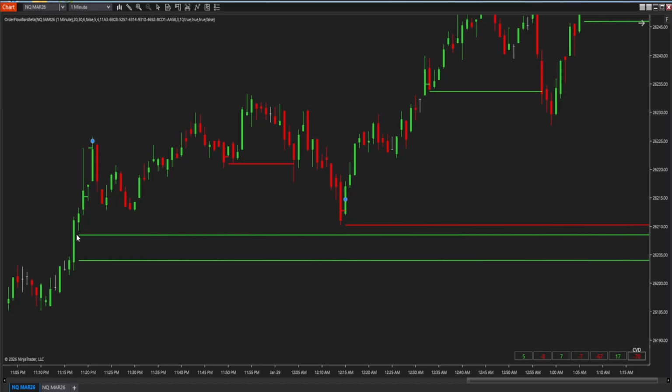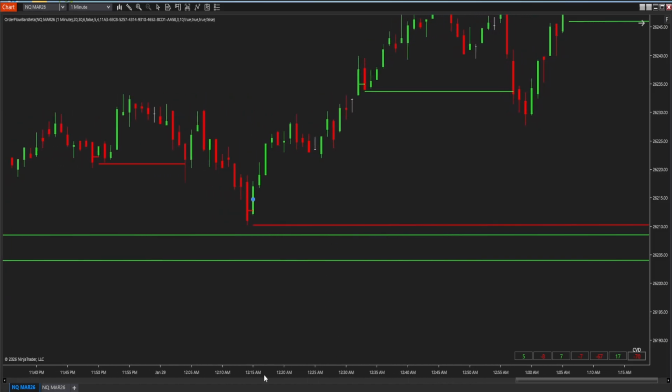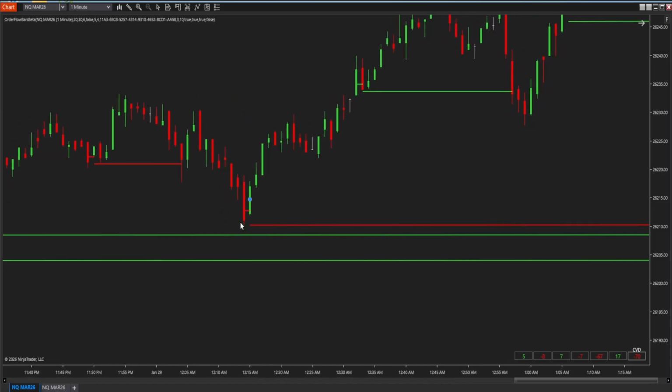What I like to use is these stacked buy imbalance areas as support. Now we had a sell imbalance, but they could not break through. And once you see that, that's kind of bullish because we can't break through this area because buyers are defending it. And as you can see here, there's a blue dot. That means there was between 20 and 30 contracts in one buy order.